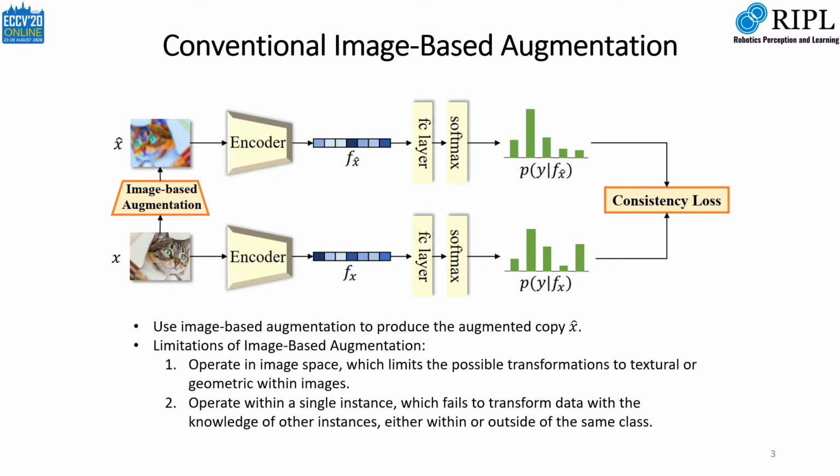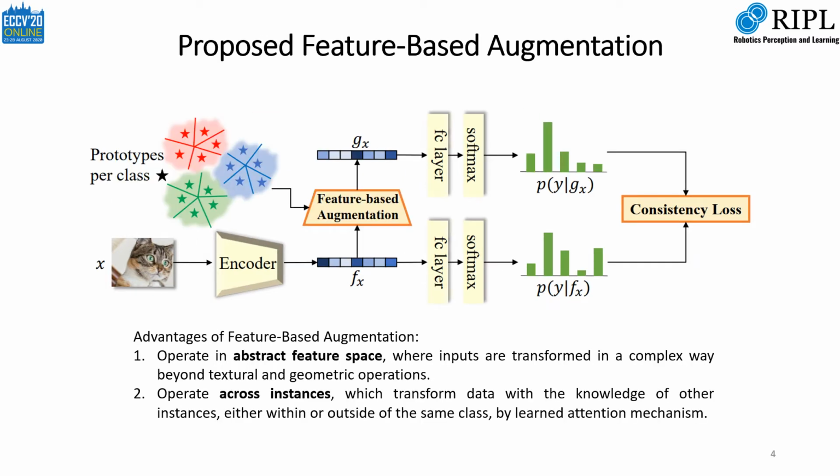Furthermore, they only operate within a single instance, which fails to transform data with the knowledge of other instances in the same dataset. Therefore, in this work, we propose a feature-based augmentation to enhance the data augmentation module that is crucial to consistency regularization methods.